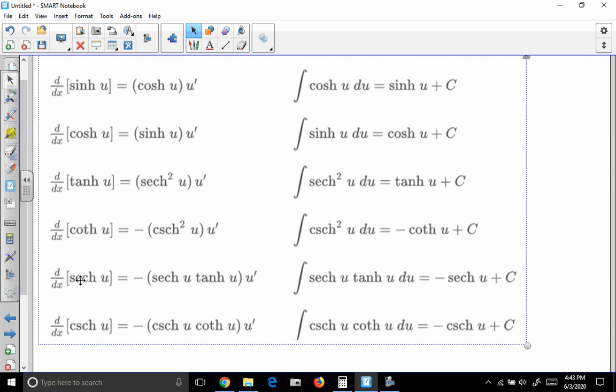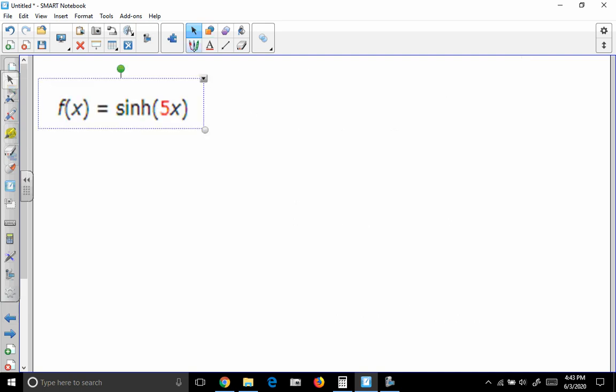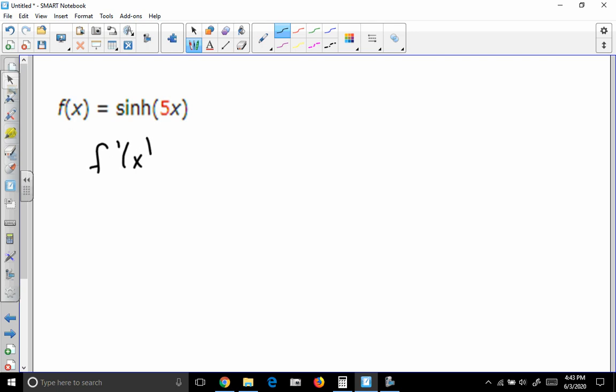For regular secant, the derivative is secant tangent. Here we get a negative. The derivative of cosecant is still negative cosecant cotangent. So very similar derivatives. And then the integrals are just going back the other direction. So if we want to find the derivative of this one, the derivative of hyperbolic sine is hyperbolic cosine.